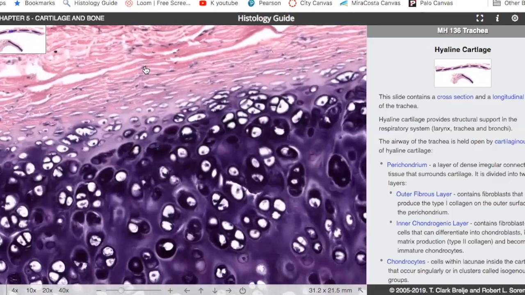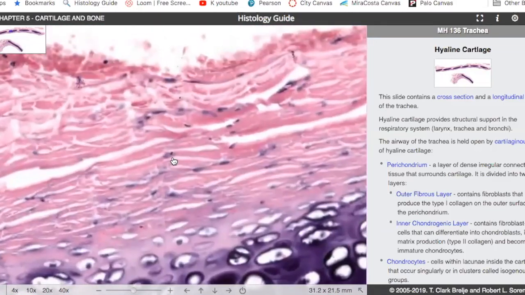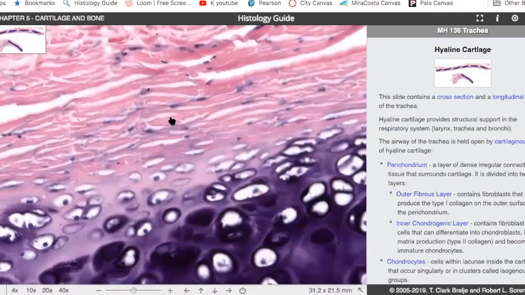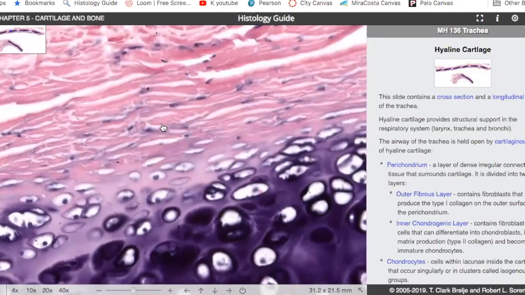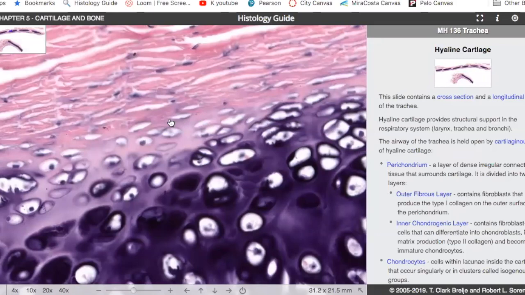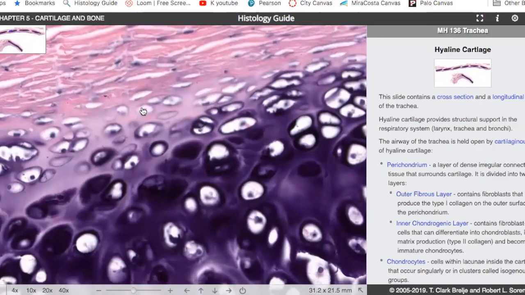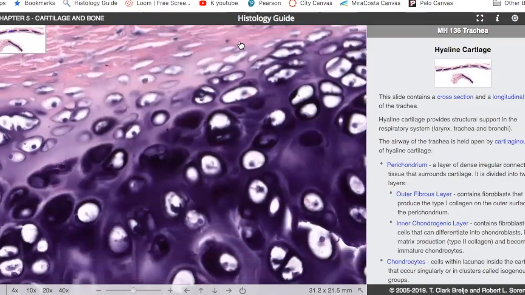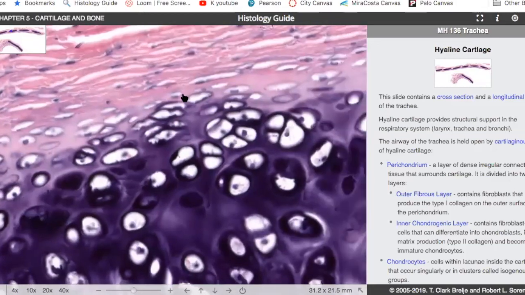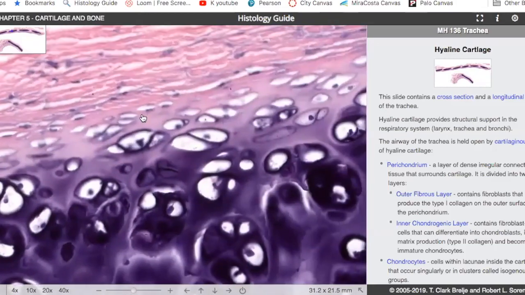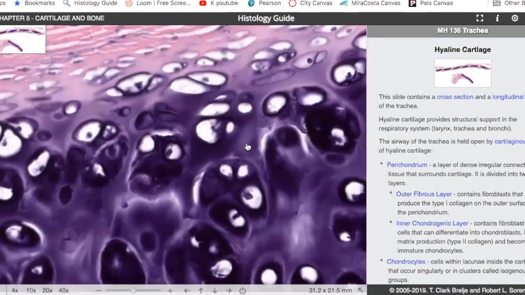So the cells right here are fibroblasts, the fibers are collagen, and that's surrounding the cartilage tissue, right? And at some point you start to see it get translucent right over here. As it gets translucent, this is the first part of the cartilage. This is called the inner chondrogenic layer of the actual cartilage, right?